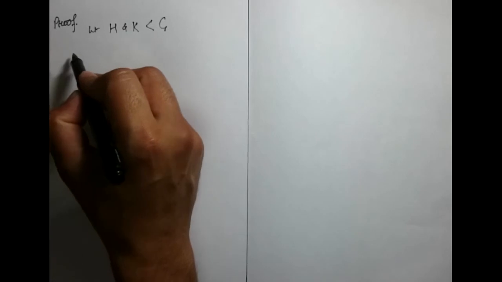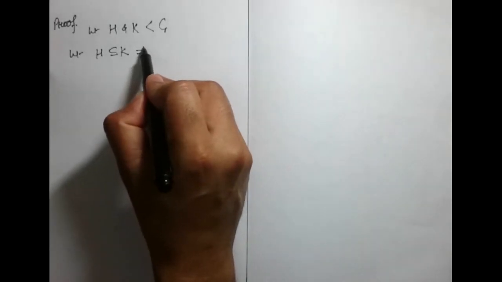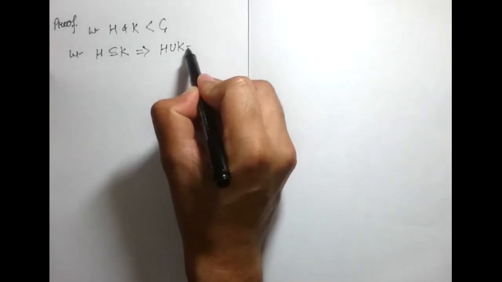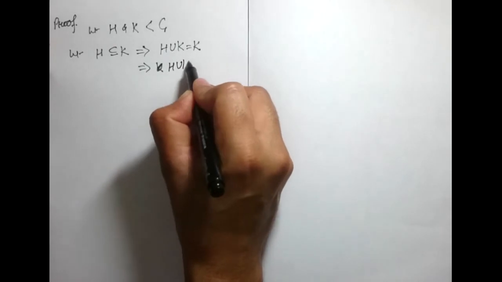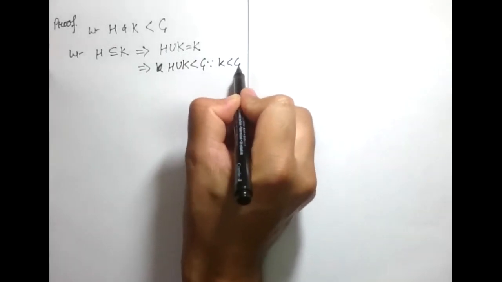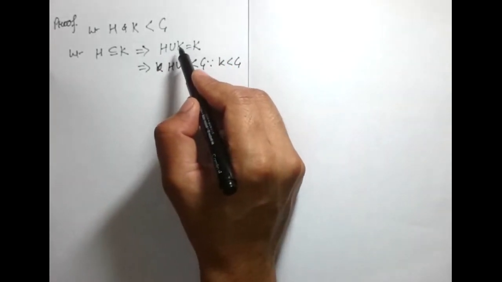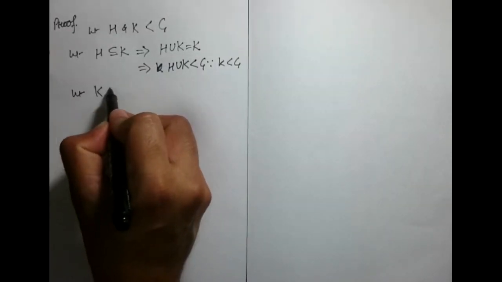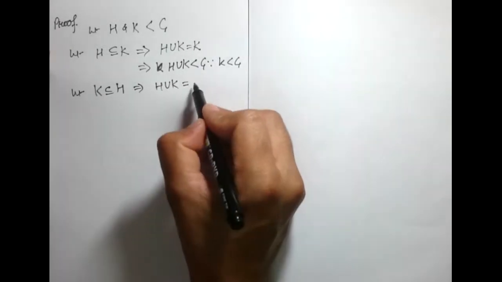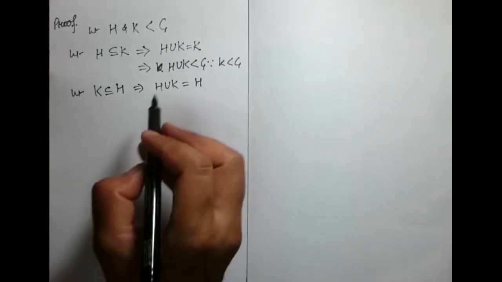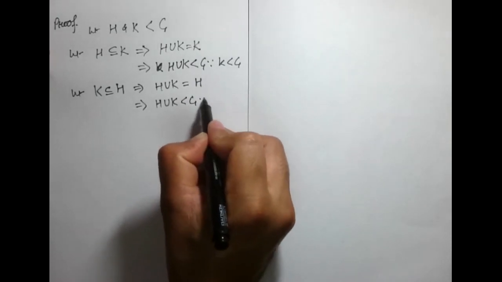Let us first assume that H is contained in K. It implies H union K equals K, so H union K is a subgroup of G since K is a subgroup of G. H union K equals K, and K is a subgroup, so H union K will also be a subgroup. Now let K be contained in H. Then H union K is equal to H, so H union K is a subgroup of G. Why?